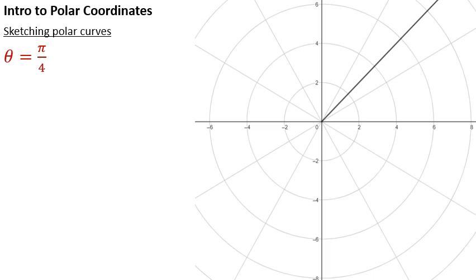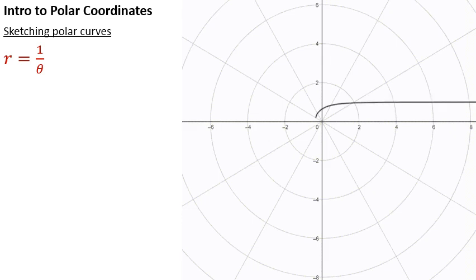In this case, it starts at the origin, and any point which has an argument or an angle from the positive x-axis, or the initial line as we call it, any point that has an angle of pi by 4 is a valid point, and any point that doesn't is not. So all the points along that line satisfy the condition, and any point that isn't along that half line doesn't.